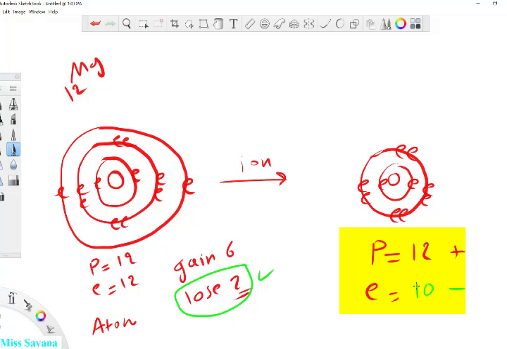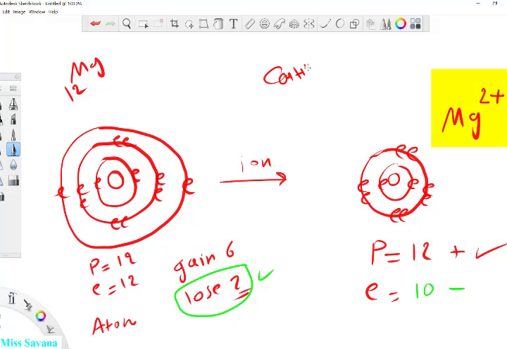What do you think, guys? Which charge is gonna be showing on the magnesium? The protons or the electron? Definitely the protons. So the magnesium will be positive, plus 2, because I lost 2 electrons. Is it gonna be a cation or is it gonna be an anion? What do you guys think? Definitely it's a cation because it's positively charged.